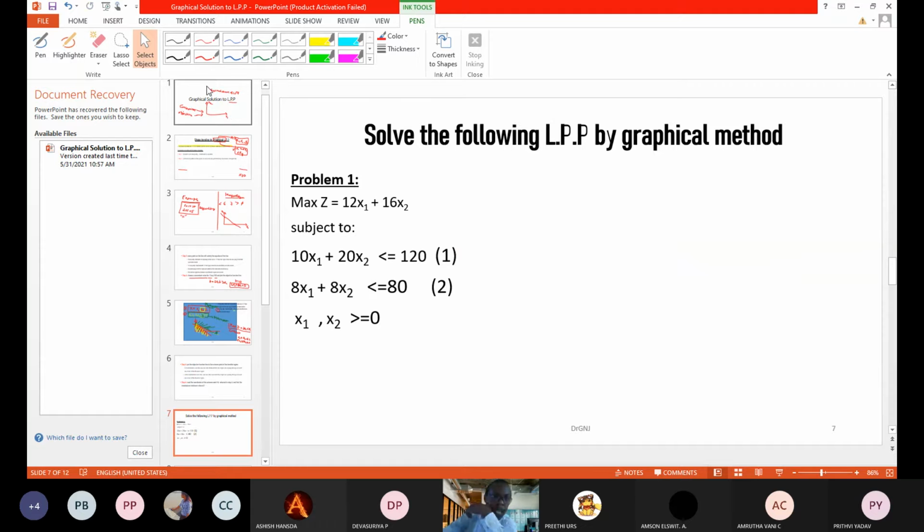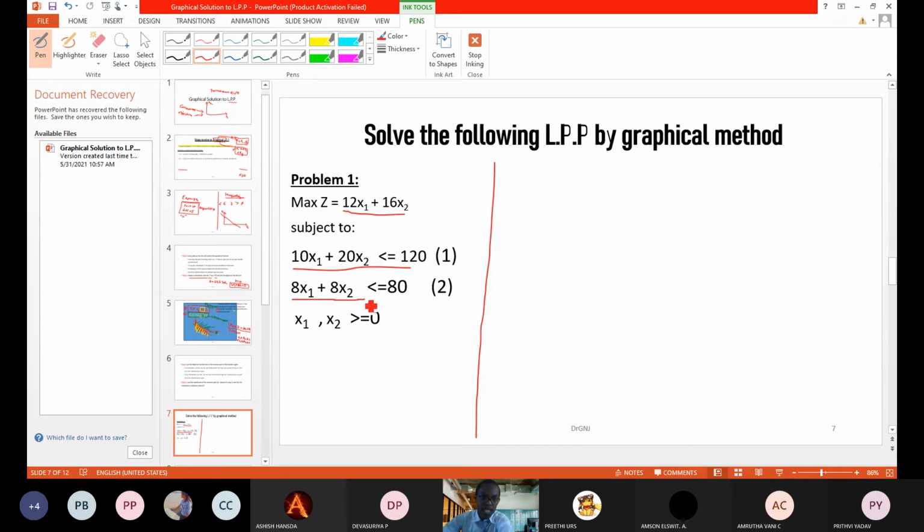Now here we have the problem. We have the maximum z which is equal to 12x1 plus 16x2, subject to the constraint 10x1 plus 20x2, which is less than or equal to 120. That is the first constraint.